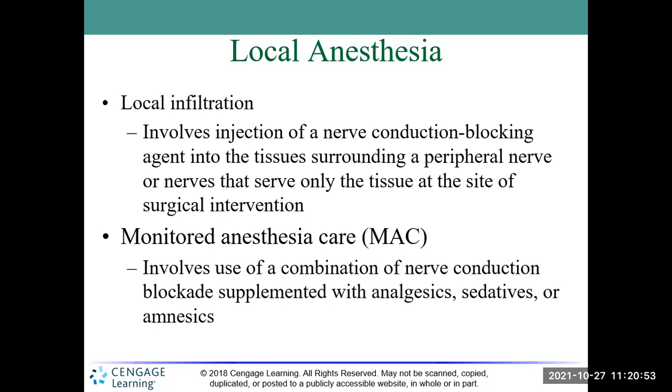And then of course, MAC. So here, anesthesia is going to combine applying that nerve blockade with other types of agents. They may be an analgesic to reduce pain, a sedative to reduce the level of consciousness, or an amnesic to provide the loss of memory of that event.